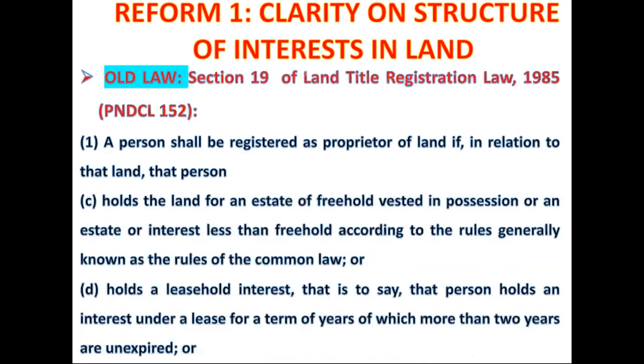C, holds the land for an estate of freehold vested in possession or an estate or interest less than freehold, according to the rules generally known as the rules of the common law.